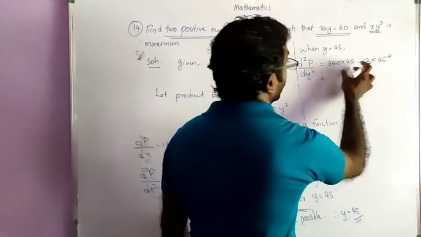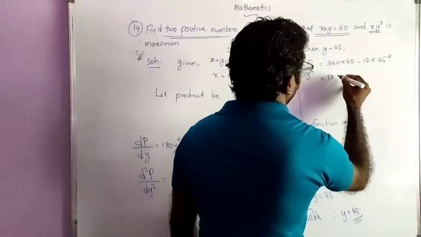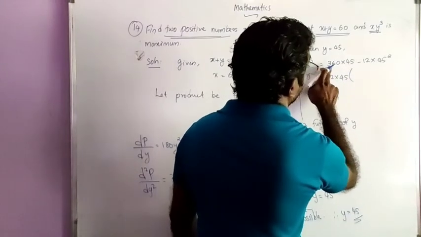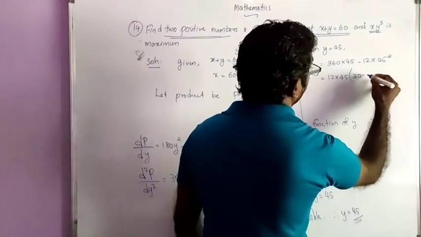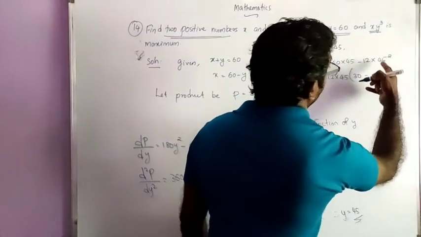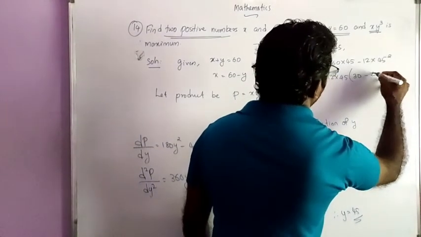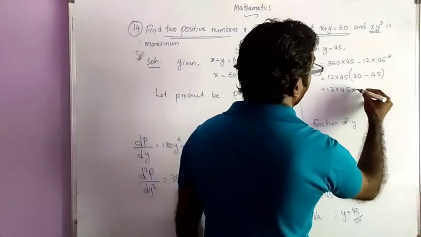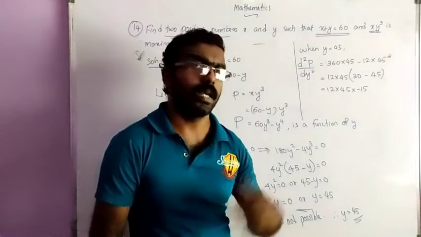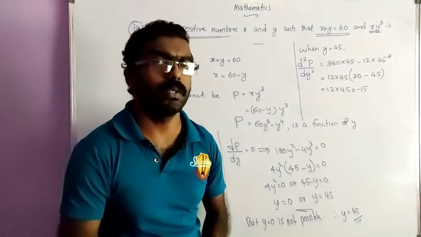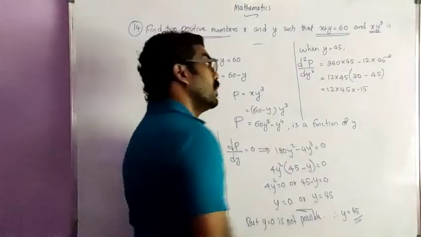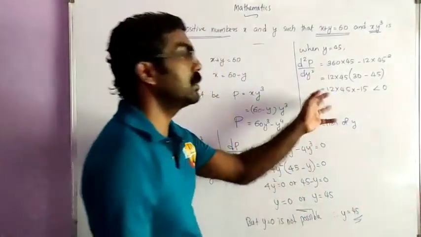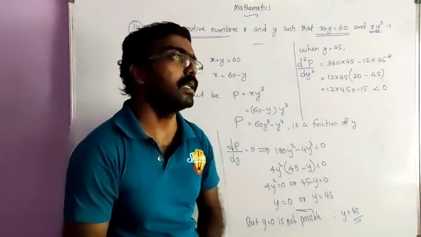So in these two terms we can take 12 and 45 common. 12 into 45, here 12 3s are 36, so we can write 30, minus, okay, 12 into 45 we take it out, 45 remains. So 12 into 45 into minus 15. No need to multiply and write a single answer. We have to check whether it is positive or negative. So this much step is enough. So clearly it is less than 0. Plus into minus is minus.